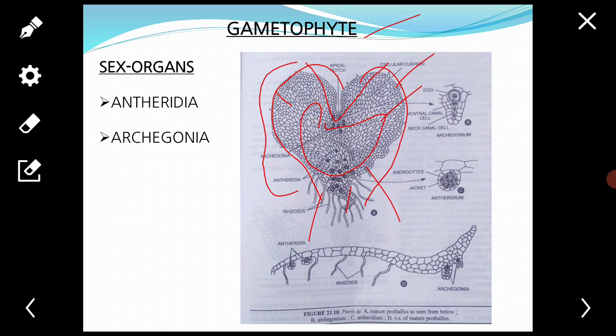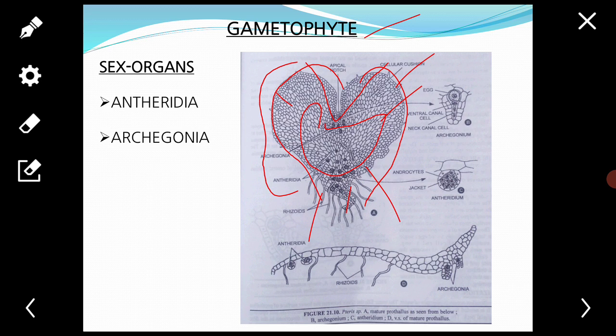Under favorable conditions, the prothalli develop both the sex organs, meaning bisexual, on the ventral side.